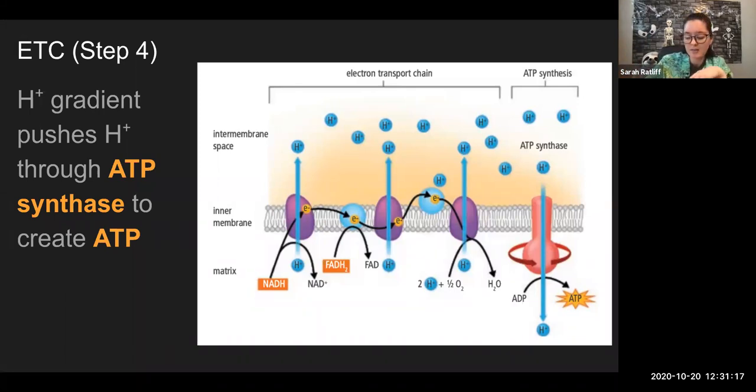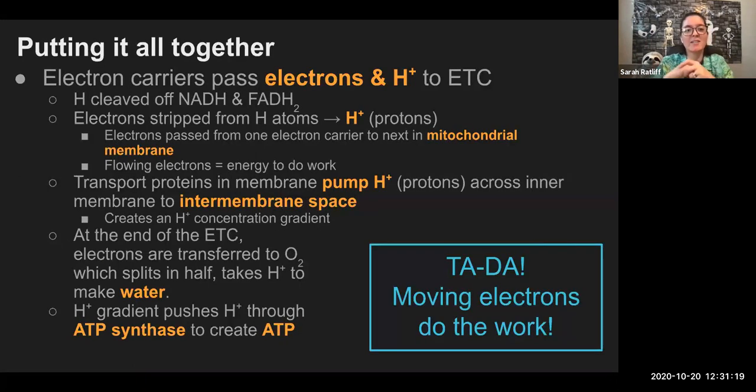All right. We're going to repeat it again. Electron carriers, they pass our electrons and hydrogen ions to the ETC. Remember, to trap those electrons, we're sticking on a hydrogen ion to that NAD plus or FAD. And those electrons, when they get to the ETC, will be harvested essentially by breaking off that hydrogen that was holding them together.